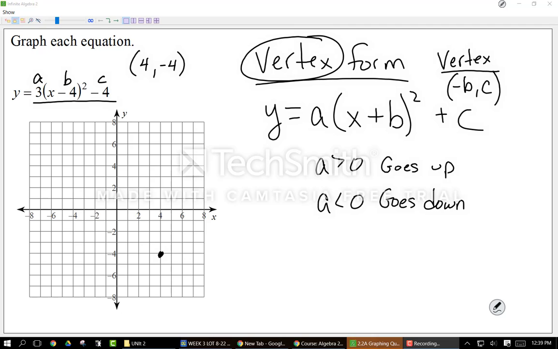Now, there's a couple things we need to know for graphing quadratics. So we have the vertex. That's one thing we need to find. The other is we need to find what we call the axis of symmetry.